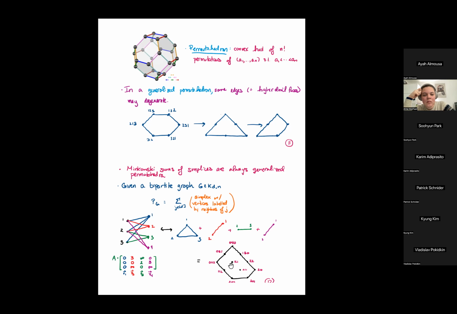And in particular, Minkowski sums of simplices are always generalized permutohedra. And so actually we can describe the generalized permutohedron we get in terms of sums of simplices where the sizes of the simplices are determined by the size of the supports. Okay. And so in this running example, this was the bipartite graph that gave us the support of all of the hyperplanes.